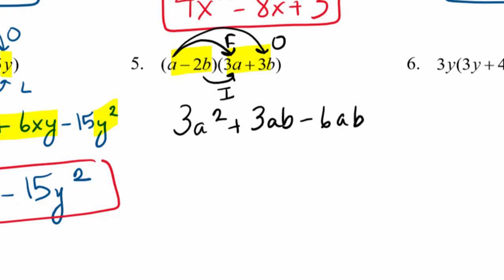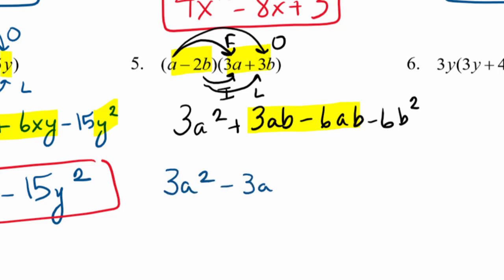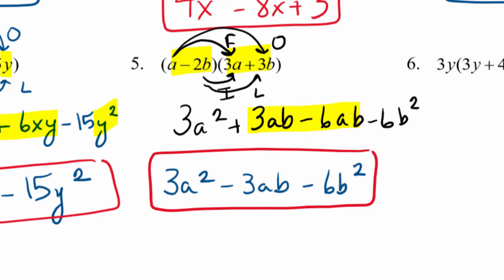The order in which you put the letters does not matter. Okay, and then we're going to multiply our last, and we have a negative 6. But see how we have b times b? So that's b squared. Okay, these are your middle terms here. They are like terms. So let's go ahead and combine. So 3a squared, and then here we get a negative 3ab, and we have our negative 6b squared, and no like terms remaining, so that's our final answer.